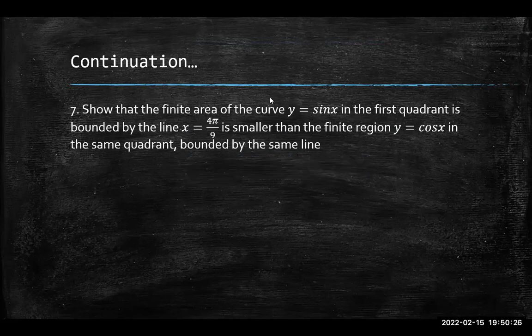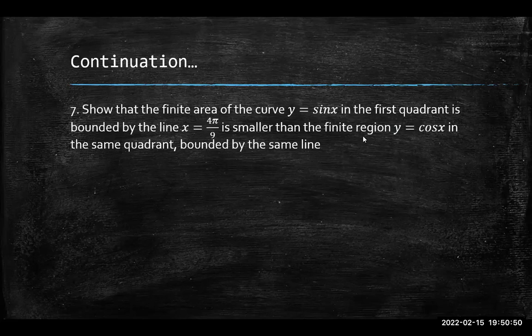All they want you to do, find the area of the region under this curve bounded by this line, x is equal to 4 pi on 9. And then do the same for the curve y is equal to cos x. The limit is still 4 pi on 9. And compare the values.